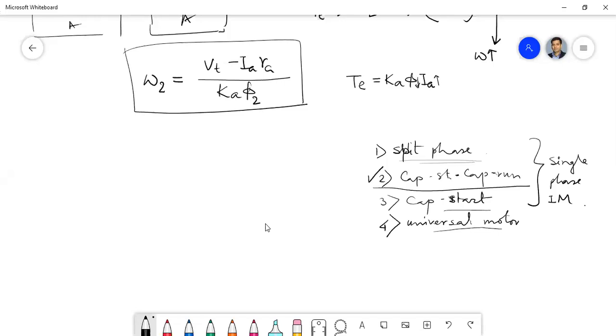There are other options, like using a shading band, by which you can also split the phase. Okay, so there are other options.